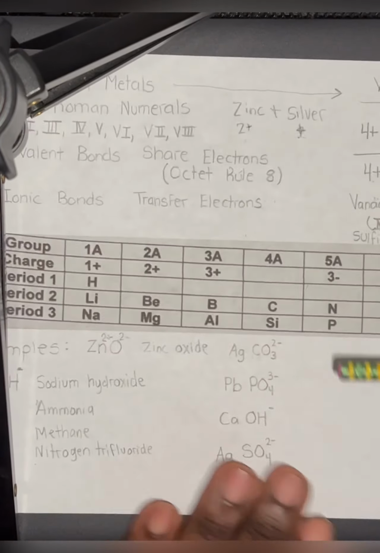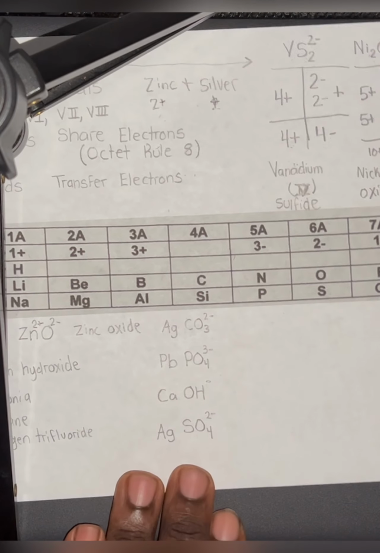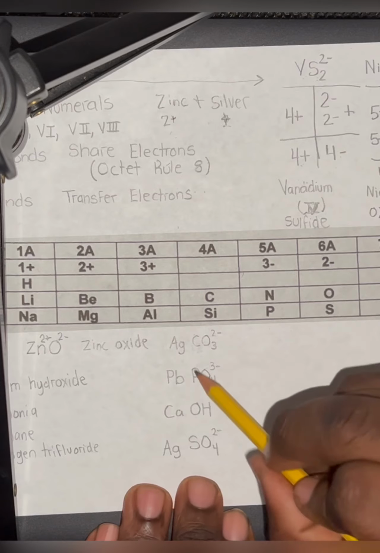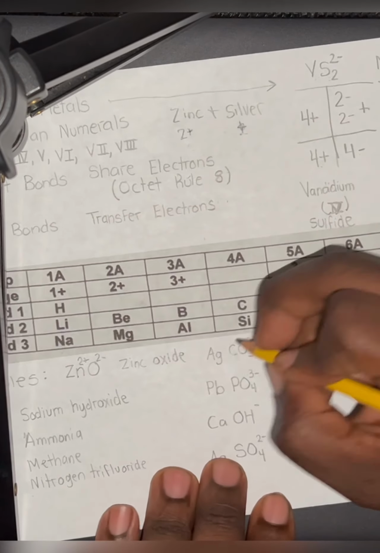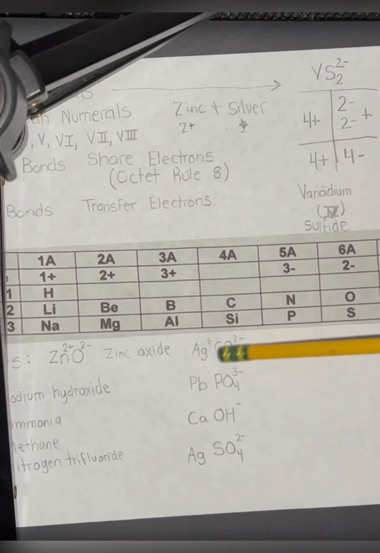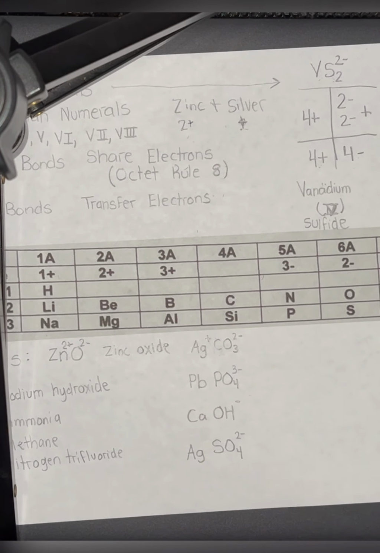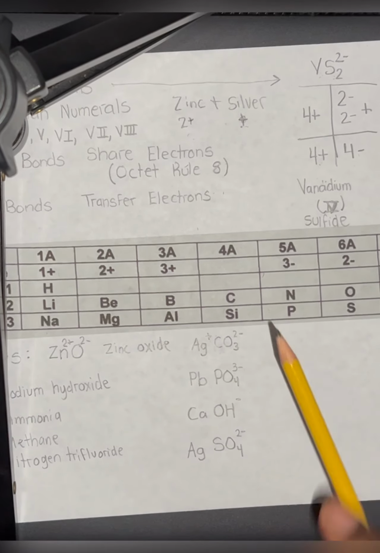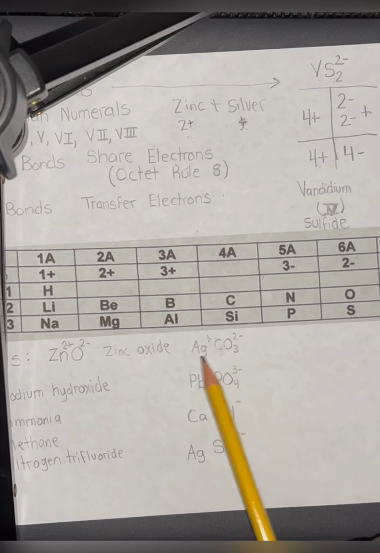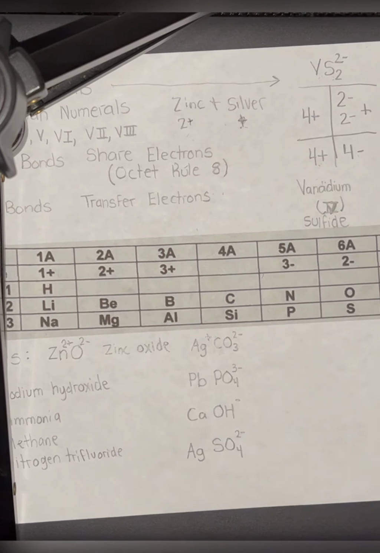Let's do these right here to end the video. All right, so Ag is silver. Silver has a plus charge. CO3 2 minus is carbonate. Carbonate has a 2 minus charge. So in order for these to balance, how many silvers will I need to get 2? Right now I have 1. I need 2.